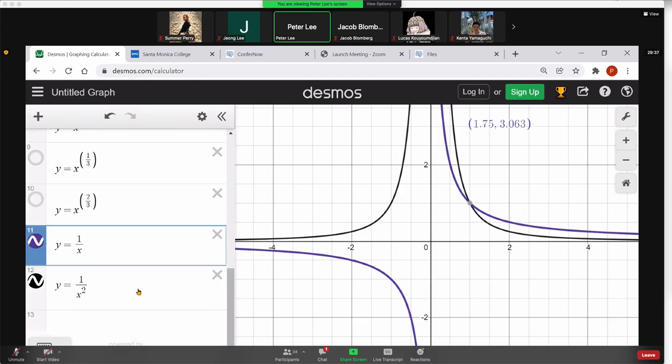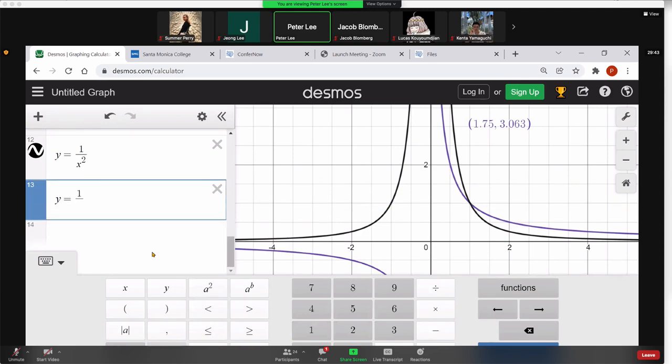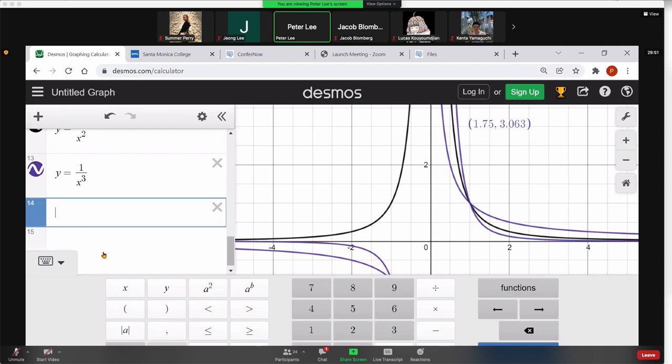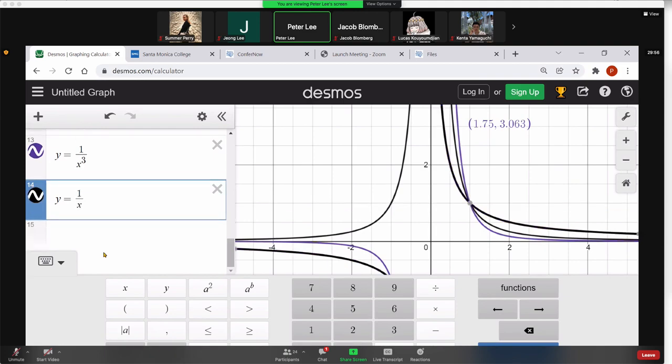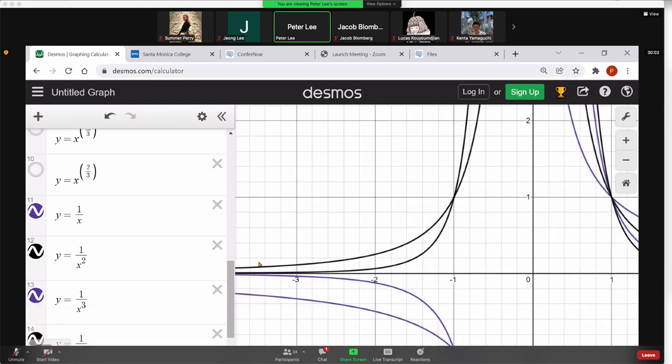Then how about this one, number 13, y equals 1 over x cubed? This is going to follow the pattern of y equals x, very similar. Number 14, let me do this too. I cannot control myself here. I'm doing a little bit more than I should, but 4th power here. These are the graphs.